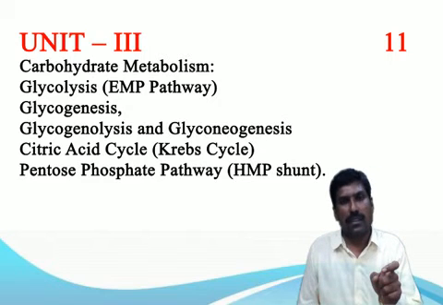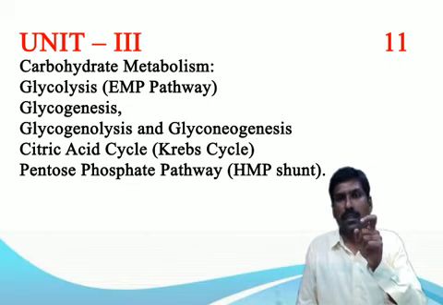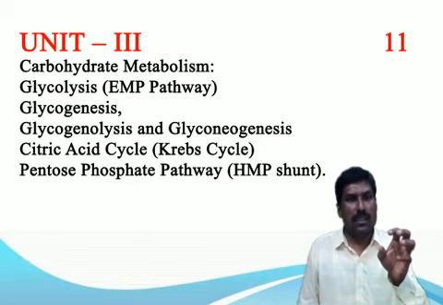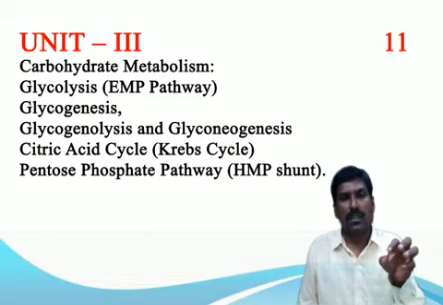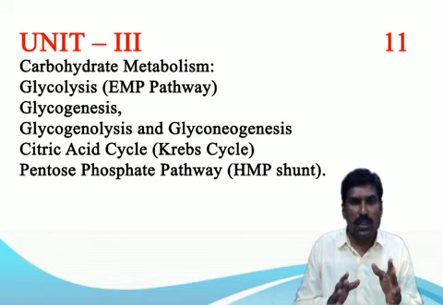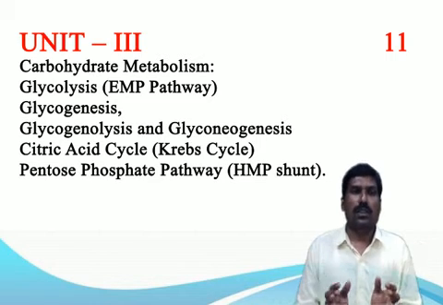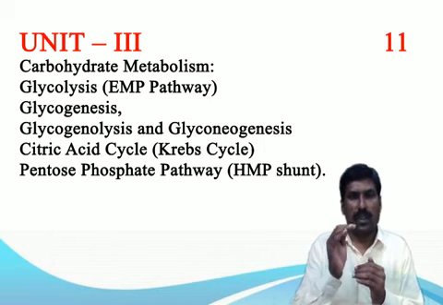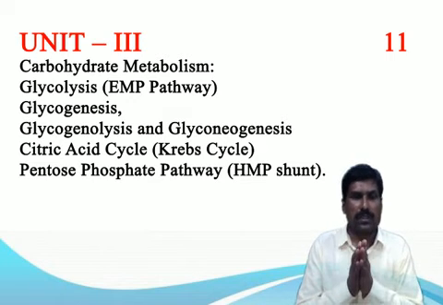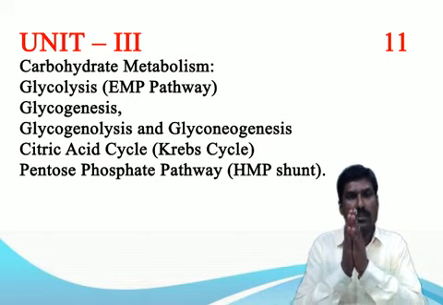The citric acid cycle, also known as the TCA cycle or Krebs cycle, is a series of chemical reactions used by all aerobic organisms to release stored energy through the oxidation of acetyl-CoA derived from carbohydrates, fats, and proteins.